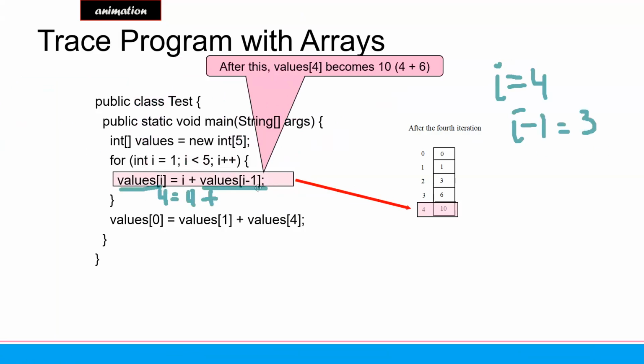So the values in index 3 is 6. So 4 plus 6 means 10. So I will insert the value 10 into the variable on index 4.